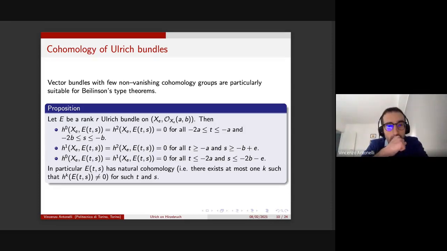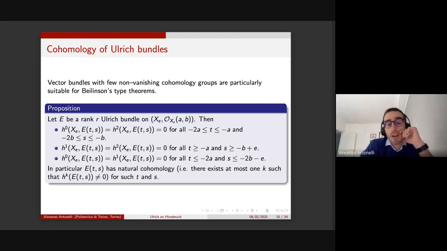The first one is that this is a nice description of the cohomological table of an Ulrich bundle, but it's not a complete one. So if you consider t and s to be really unbalanced, so for example, one very positive and the other very negative, well, actually, you cannot say anything about the cohomology of the Ulrich bundle.